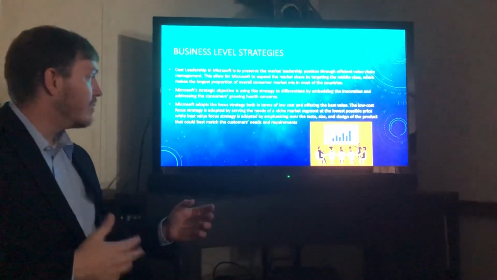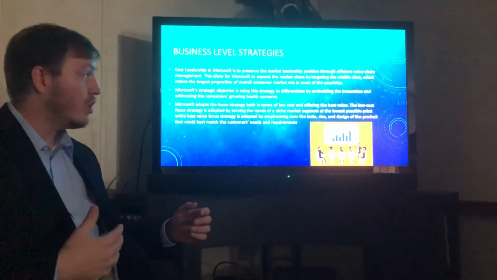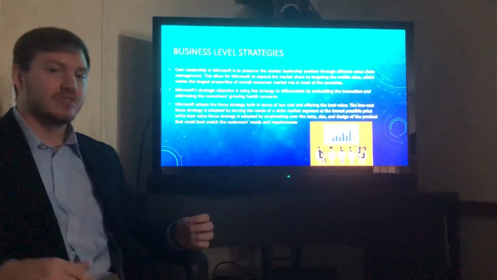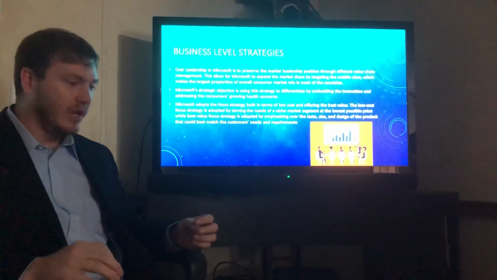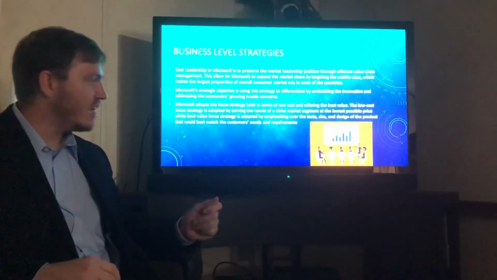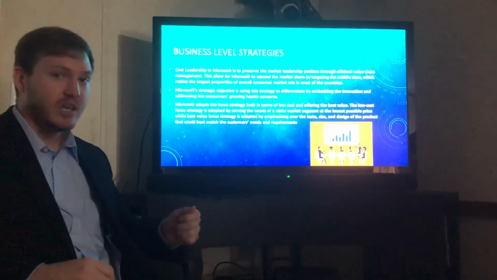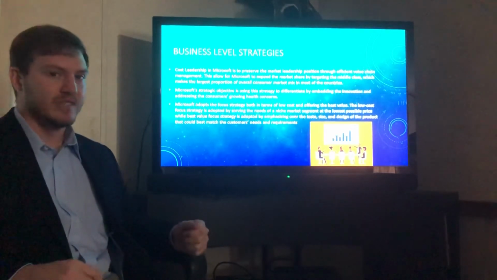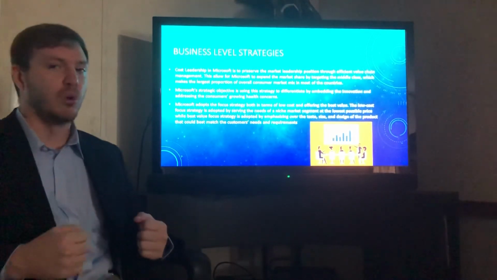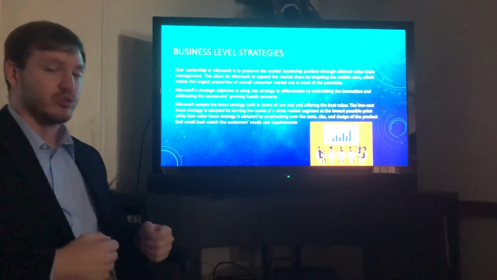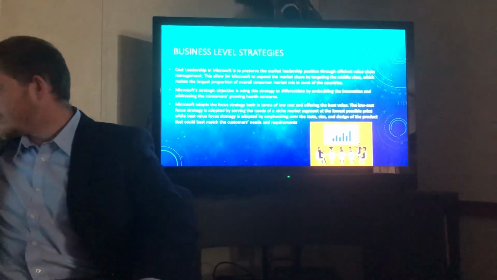Microsoft adopts a focus strategy both in terms of low cost and offering the best value. That is, again, what they strive to do. They strive to give the best possible product for the lowest possible price that they can offer. And this is one way that they really control the market and keep their consumers loyal to them.